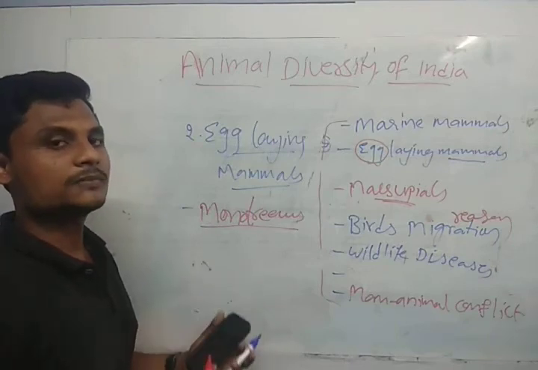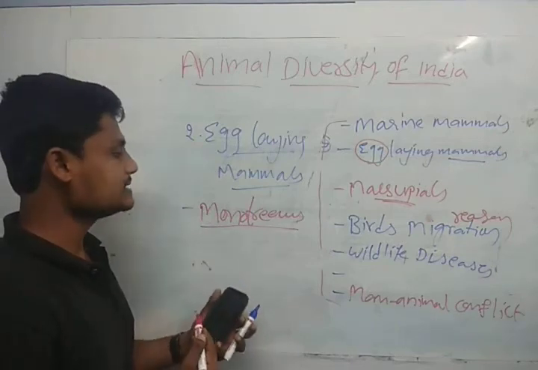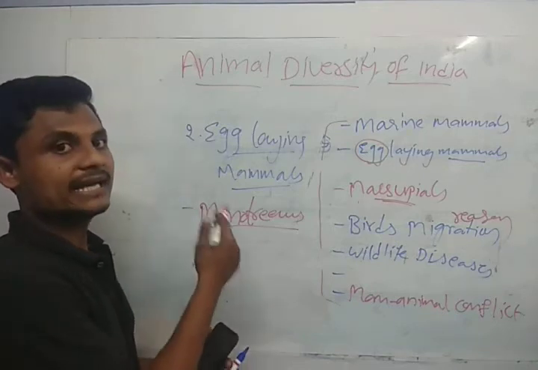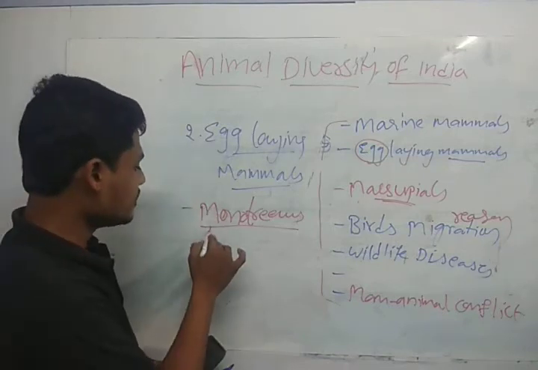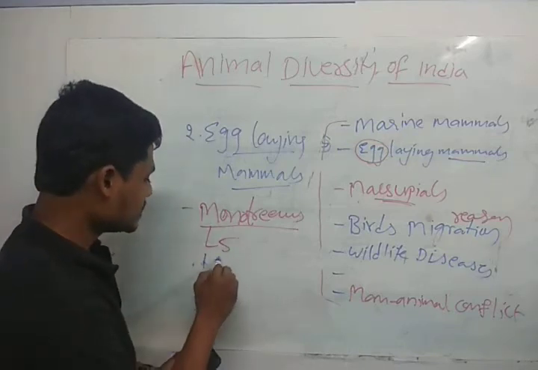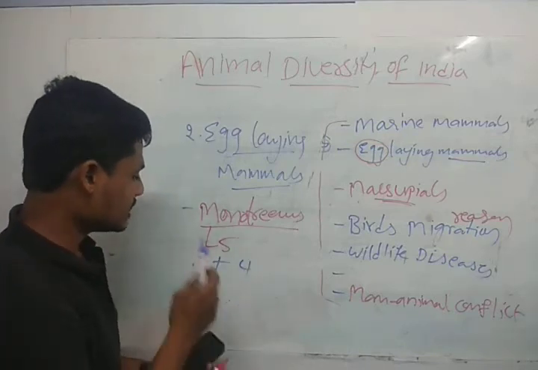The monotremes are the egg laying mammals. There are 5 in number, that is 1 plus 4.